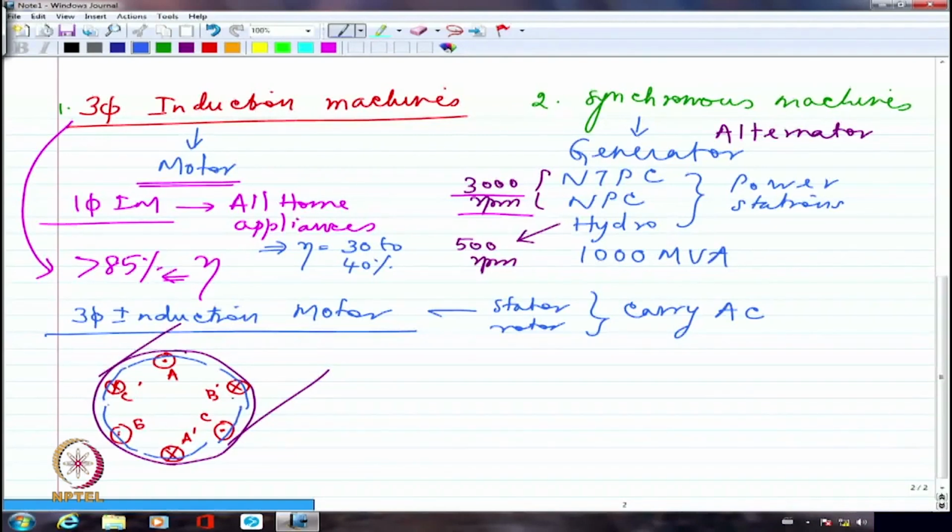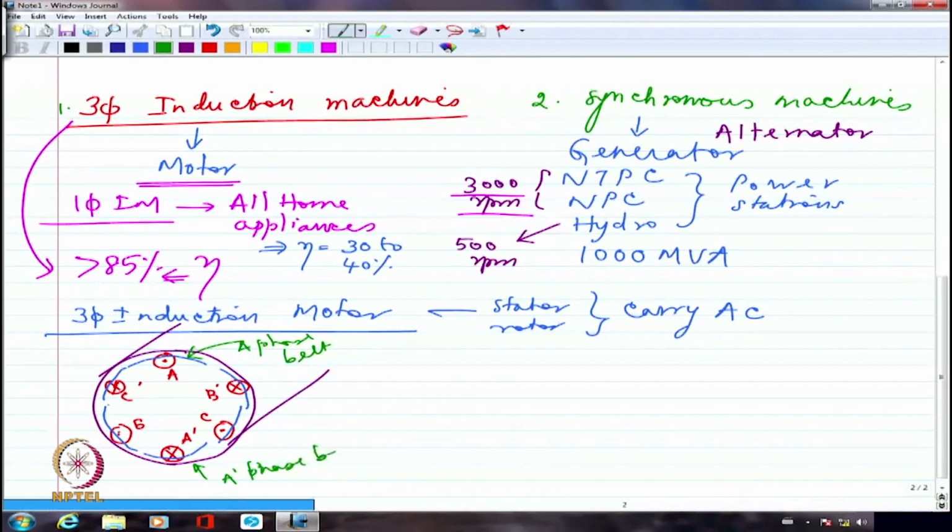If I have, let us say, 36 slots, I'm just arbitrarily saying 36 slots, I'm going to make 6 slots each for A positive, A negative, B positive, B negative, C positive, C negative. This is generally known as the A phase belt. We will call this the A phase belt. This is also maybe the A dash phase belt. Every belt occupies about 60 degrees.